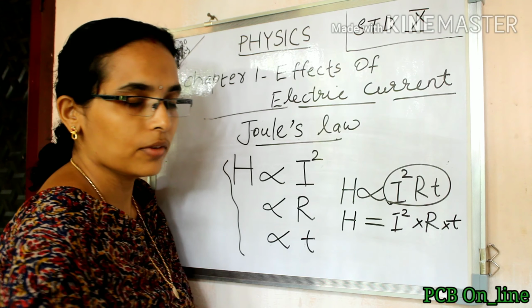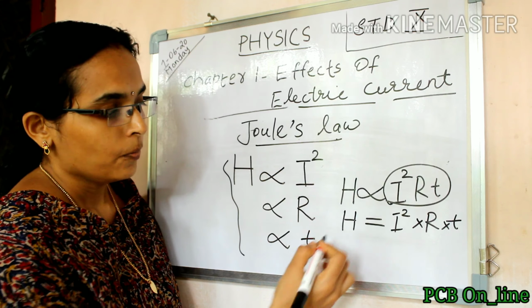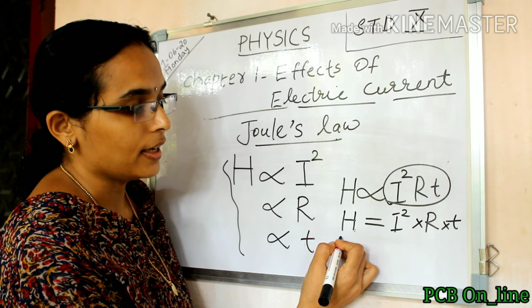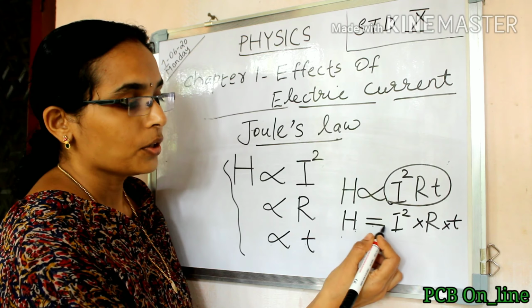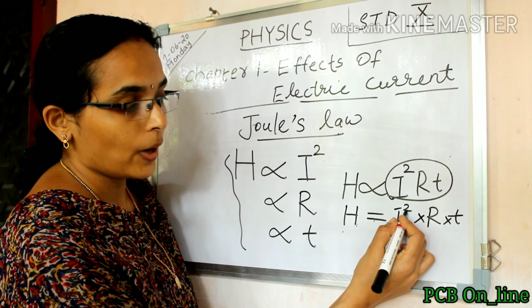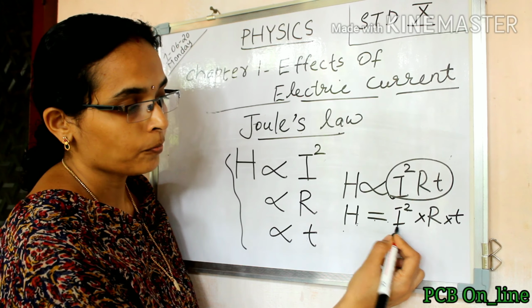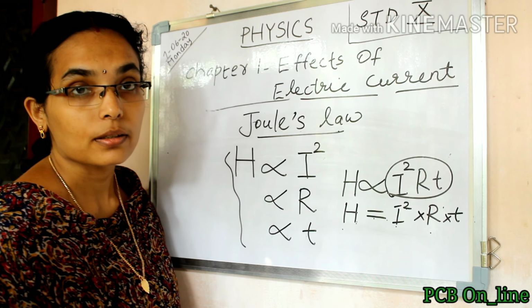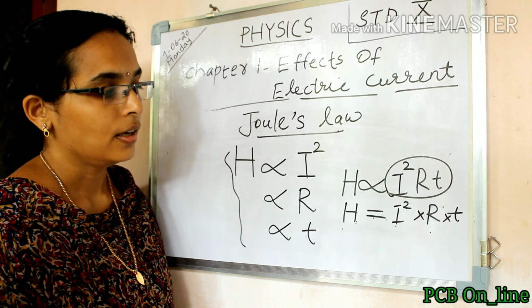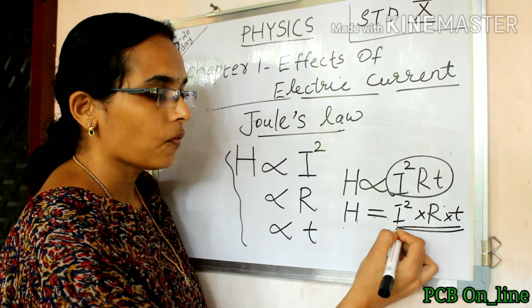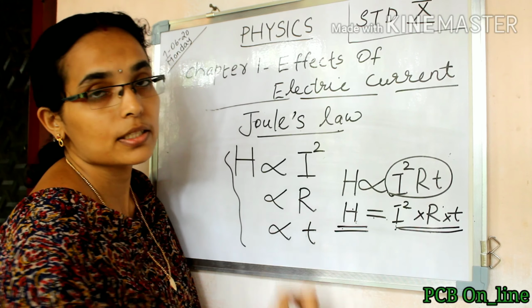Now, how can we state this law? The heat produced in a conductor is equal to the product of the square of electric current, resistance and time for which the electricity is passed. When we multiply all these, we get the heat energy released.